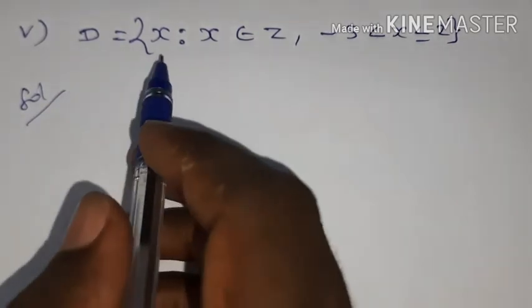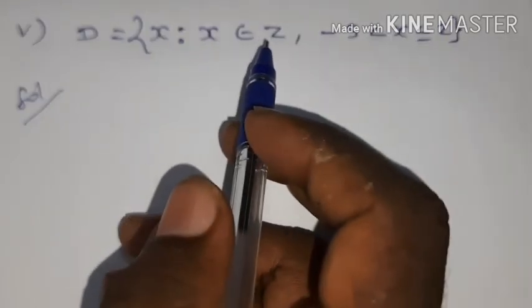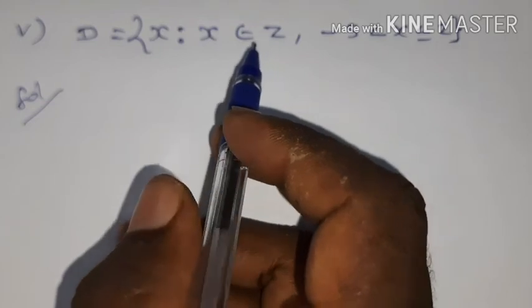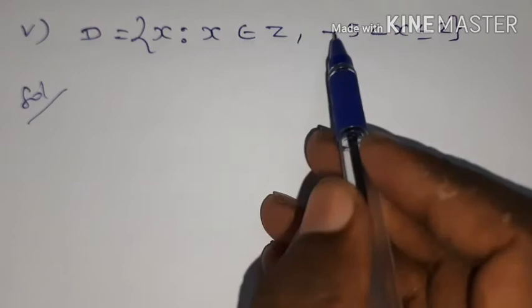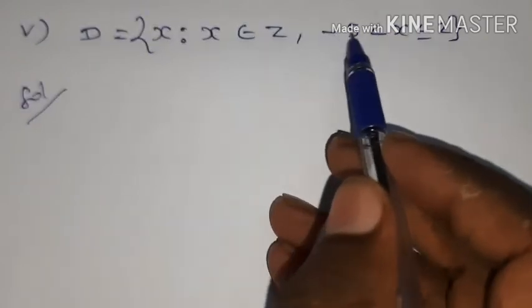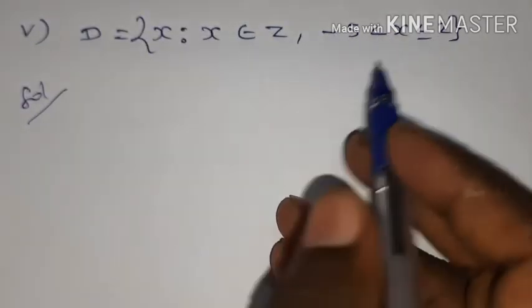Fifth sum, D is equal to x such that x belongs to integers, minus 5 less than x less than or equal to 2.